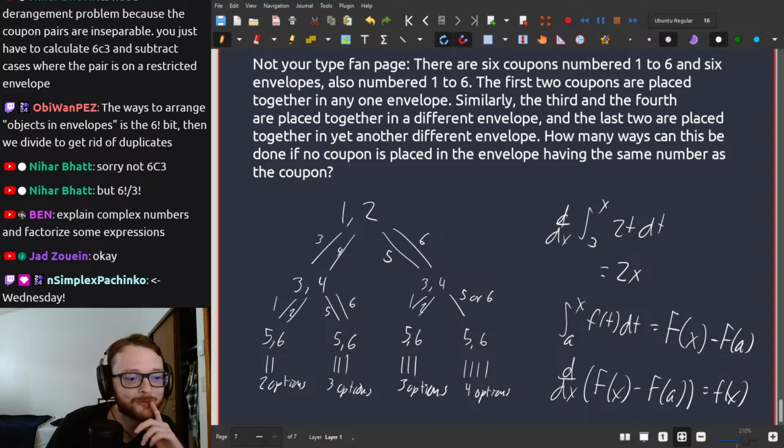Oh yeah, Wednesday. I'm sure with this tree I've made, there's some way to count it with my caveman way here. But I don't know why I made this tree because I don't know what to do with it now.